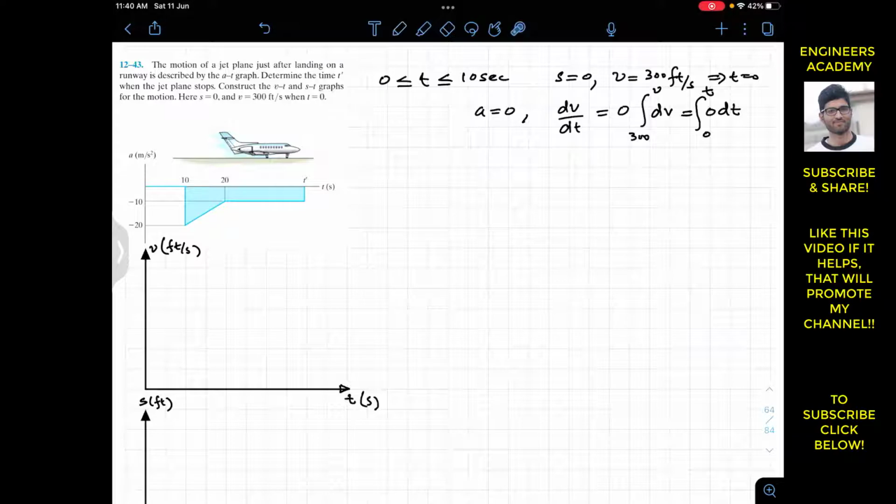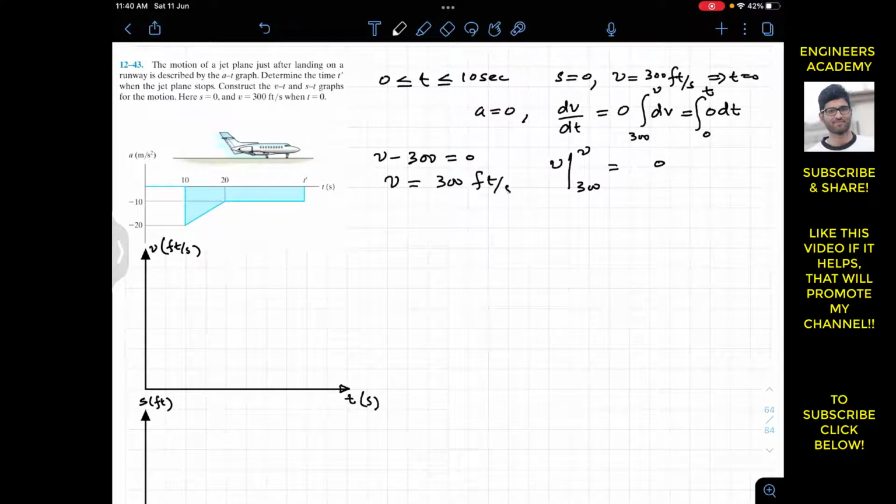If we integrate, the left side leaves us with v from 300 to v, and the right side becomes 0 since it is 0 times dt. Putting in the limits, we have v minus 300 equals 0, and from this we can say that v is equal to 300 feet per second.